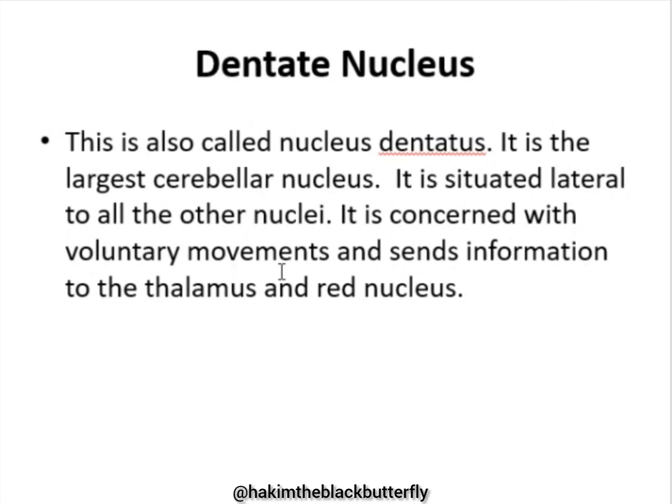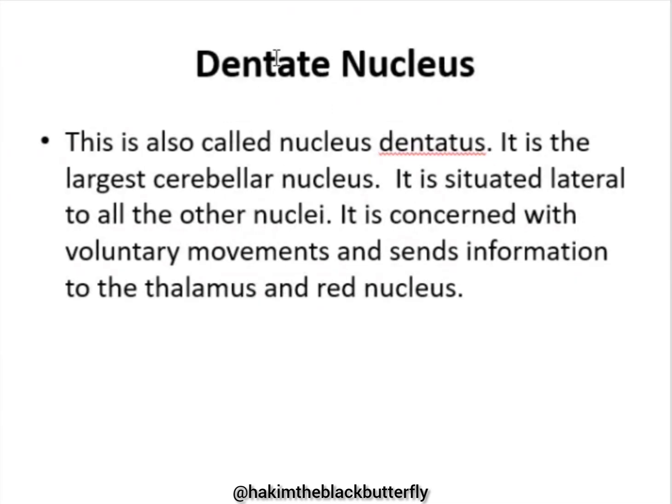So that information about proper tone, correct sequence of activation of muscles, voluntary movements, comes from the dentate nucleus. The dentate nucleus sends it to the specific motor nuclei of the thalamus, and then it will go to the cortex. This dentate nucleus also connects to the red nucleus, because when you are carrying out voluntary movements, extensors and flexors must coordinate properly.